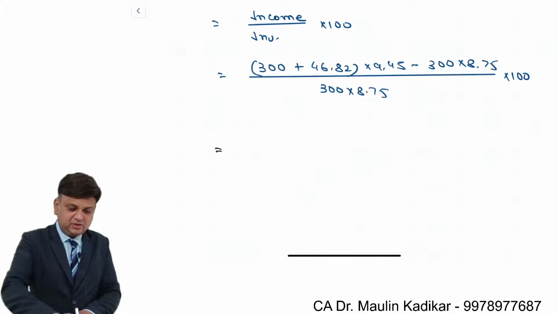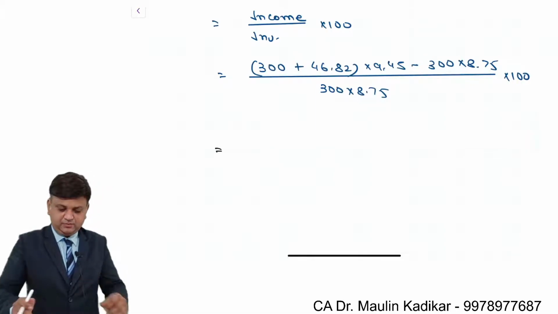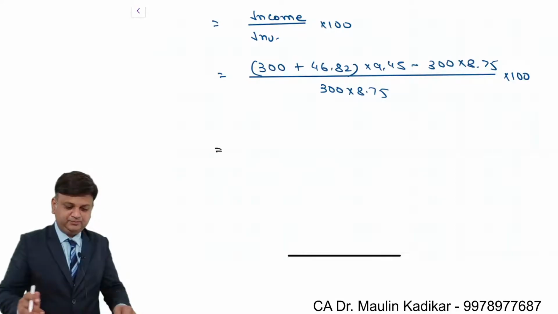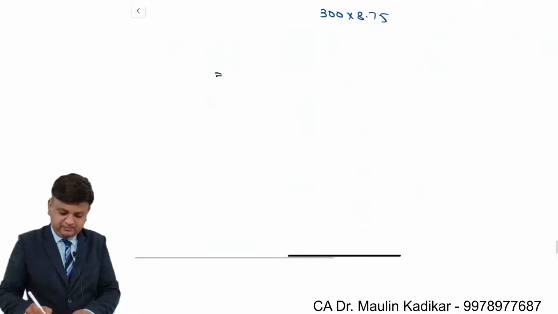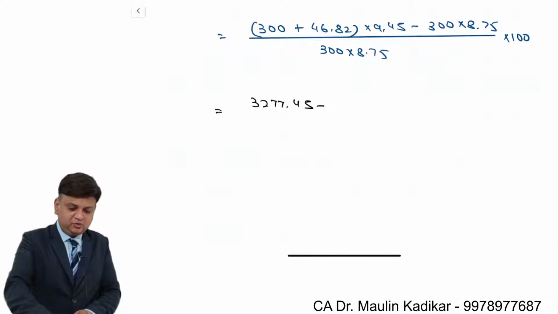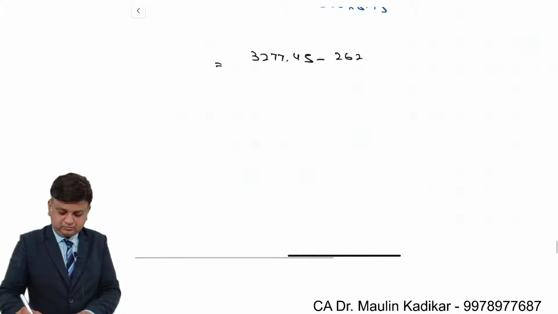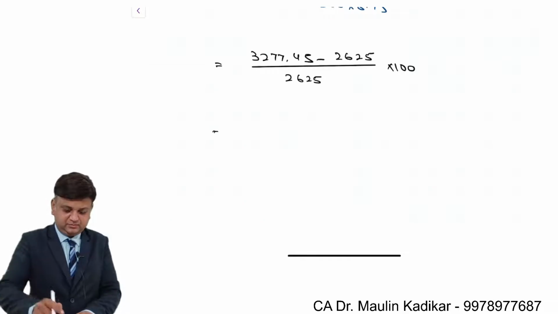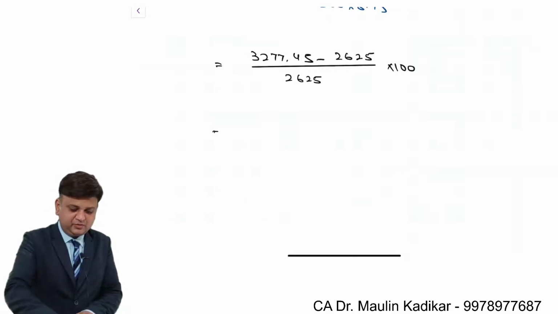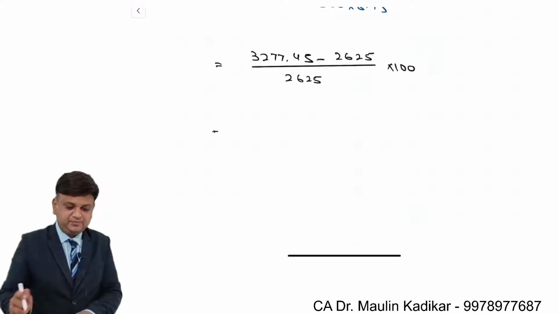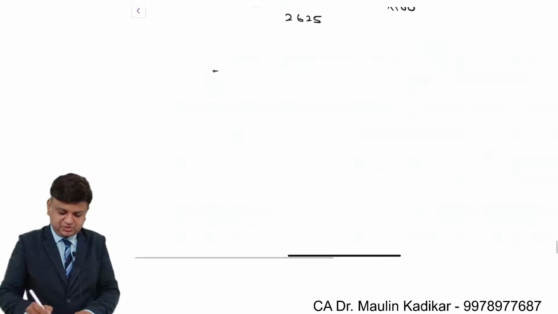Okay, so please use your calculator. 300 plus 46.82, so 346.82 into 9 rupees 45 paise, so 3277.45, minus 300 into 8 rupees 75 paise, that is 2625, whole divided by 2625 into 100 for getting the answer in percentage terms. 3277.45 upon 2625, that is 24.86%.